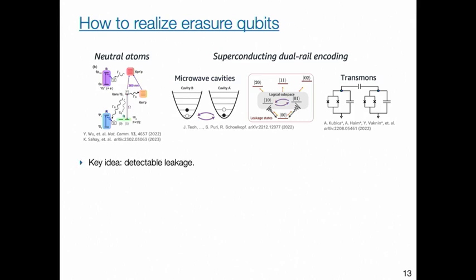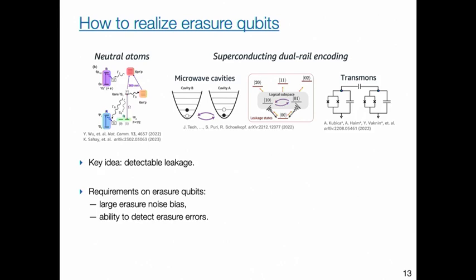So in our setting, the key idea is that the amplitude damping noise results in detectable leakage. So when I think about erasure qubits and leakage, you can think of erasure errors as detectable leakage.